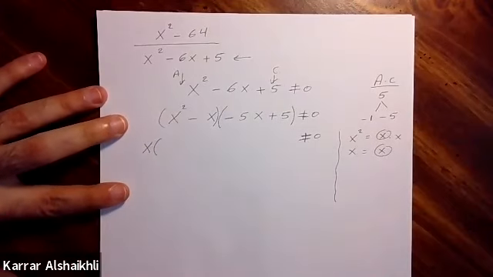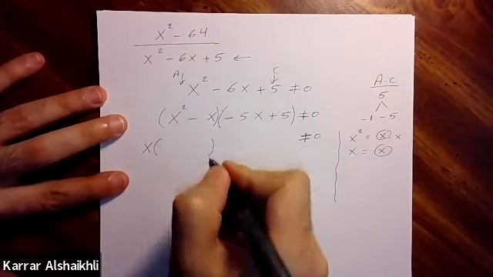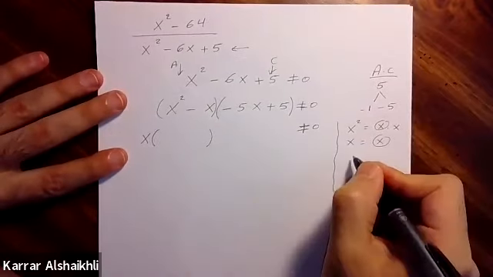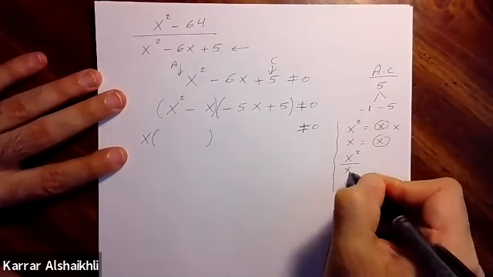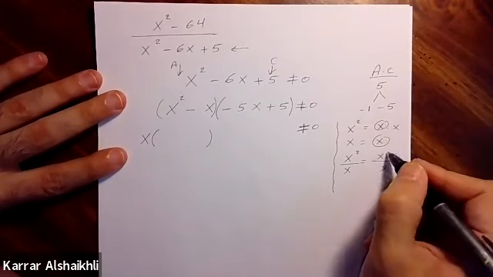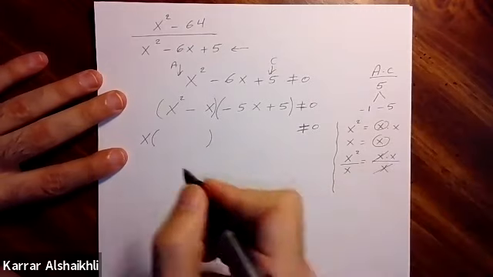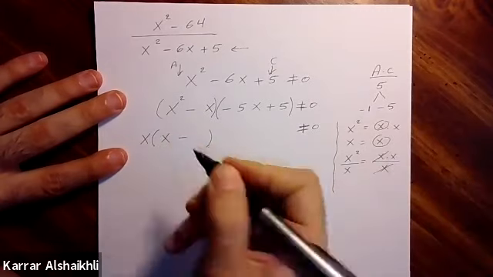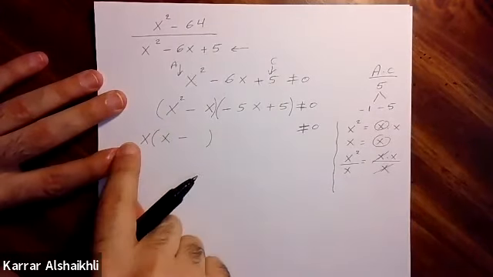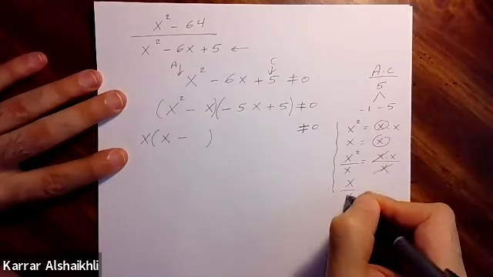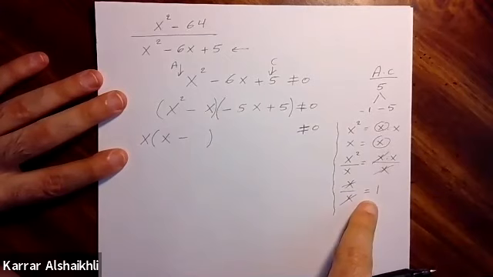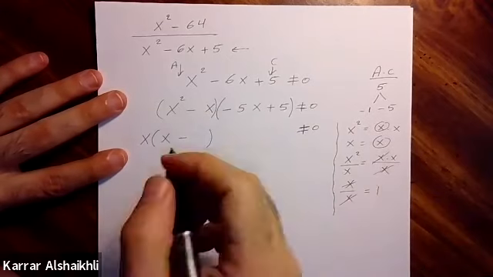Now I'm going to find the leftover here. x squared divided by x, that means x times x divided by x. You're going to cancel the x's. The leftover is just x, minus x divided by x. Cancel it. The leftover is 1. Don't write down 0. So it's going to be minus 1.